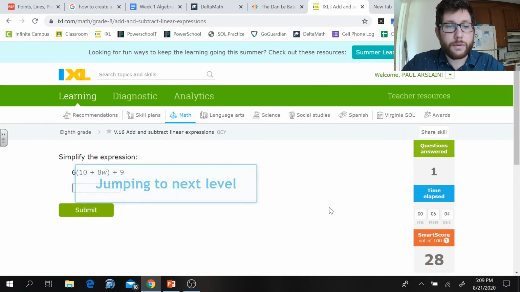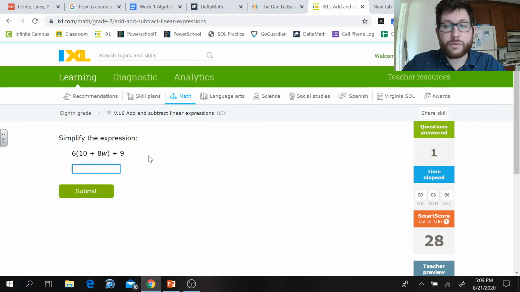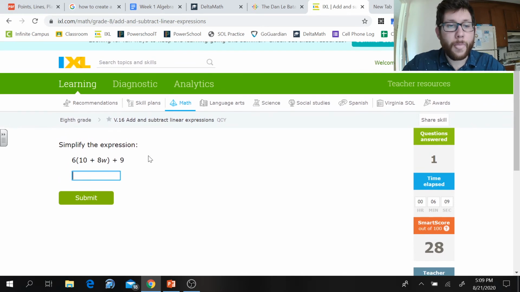Let me see if I can find a little bit of a harder one for us to try. Okay, this is a really good one for us to take a look at. Notice here, it looks like I've got some distribution I need to do. So I'm going to do this in 2 steps, and then we'll combine it down. Remember, this 6 needs to multiply by both terms. So 6 times 10, that is going to be 60, plus, and remember we have to do 6 times 8w.